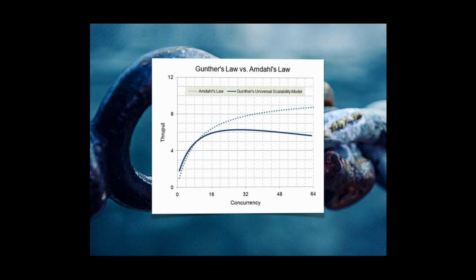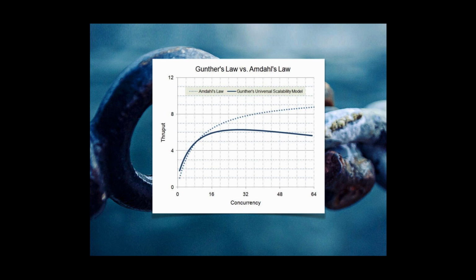So if we're going to dive down just a little bit here, we have essentially two things. First we have contention. That's the waiting on shared resources, and that is well described by Amdahl's law. You might have heard of Amdahl's law. It really explains the effect that contention has on a parallel system.